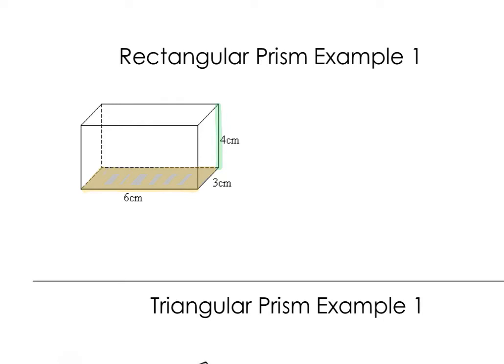So we have our length, we have our width, and we have our height. So to find the volume, it's just length times width times height. So it's just going to be 6 times 3 times 4. You get a volume of 72. And remember, the units are always cubed for volume. So 72 centimeters cubed.